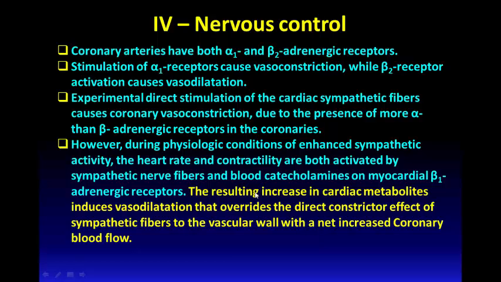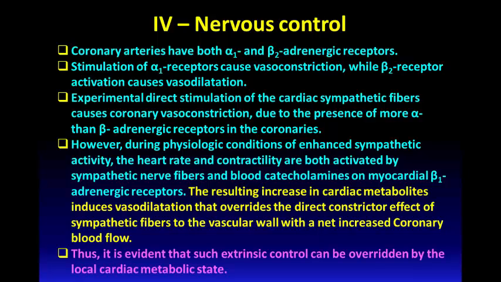The resulting increase in cardiac metabolites induces vasodilatation, which overrides the direct constrictor effects of the sympathetic fibers to the vascular wall, with a net increased coronary blood flow. Thus, it is evident that such extrinsic control can be overridden by the local cardiac metabolic state, by the metabolic regulation.